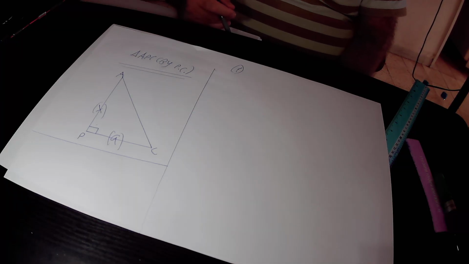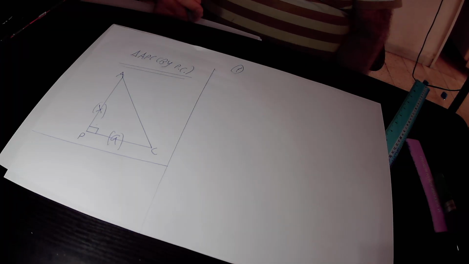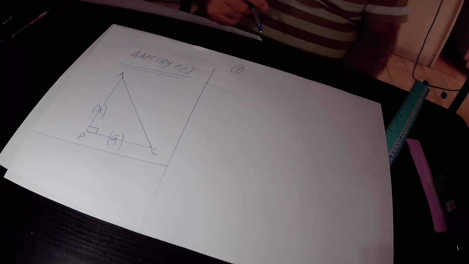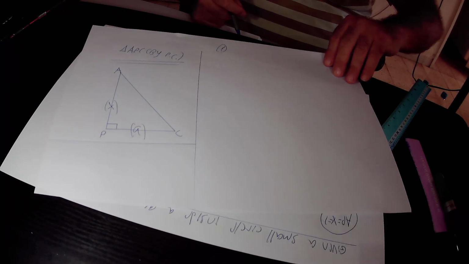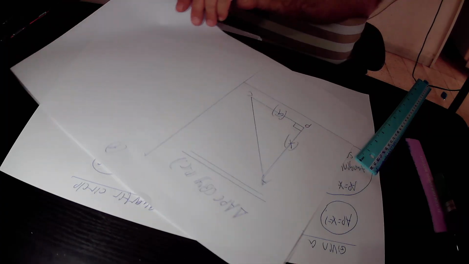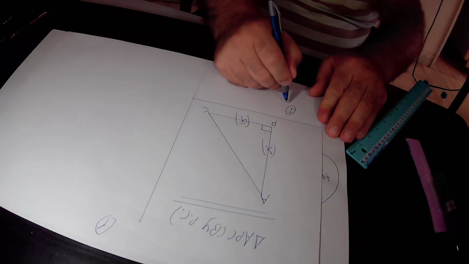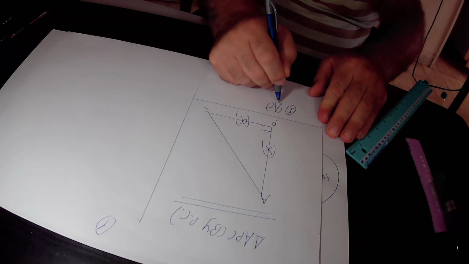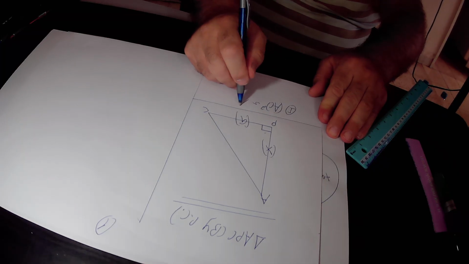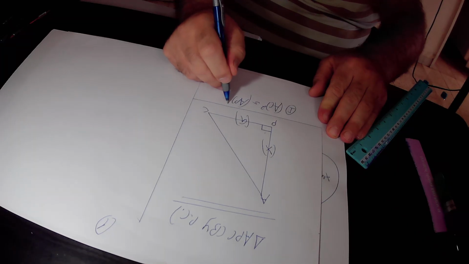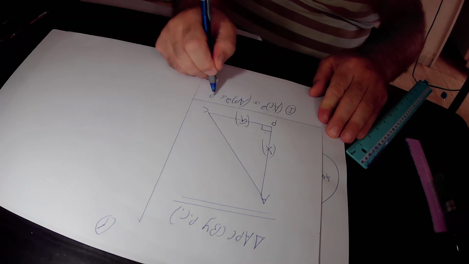According to the Pythagoras theorem, in this right triangle APC, AC squared, that is the square of the hypotenuse, is equal to AP squared plus PC squared. So I'll write it down. This will be equation 1. AC squared is equal to AP squared plus PC squared.